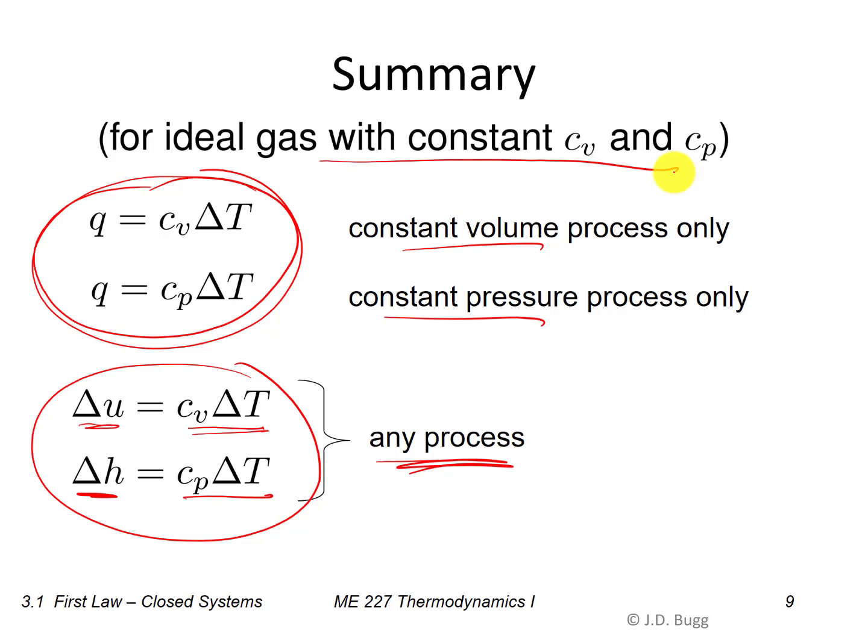So that's a very important thing to remember, so that we don't, first of all, violate these assumptions by using these equations when this is not true. But just as important, we need to realize that no matter what the process looks like, we can still use these ones. So if we need to get delta U and delta H for any shaped process, these are still okay. It's only if we want to calculate Q directly that we have to pay attention to these conditions on those two equations.